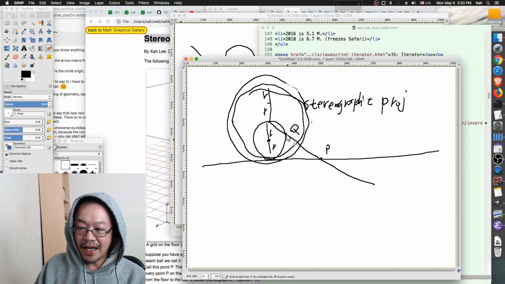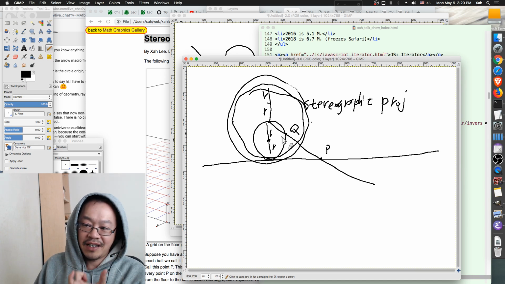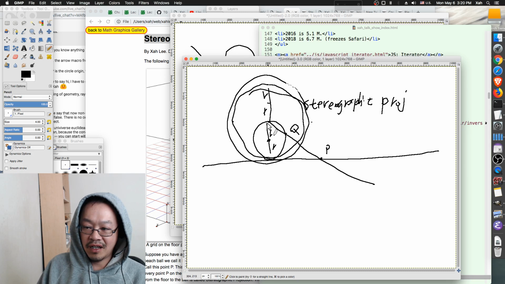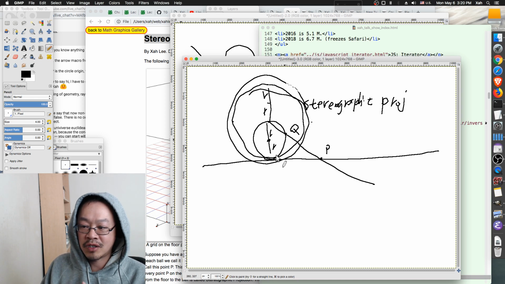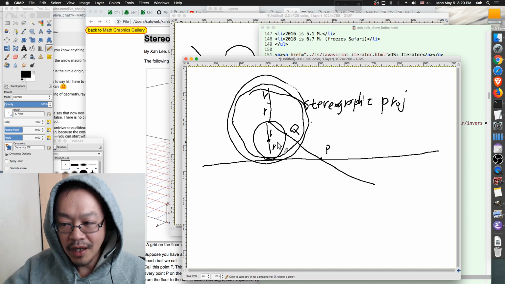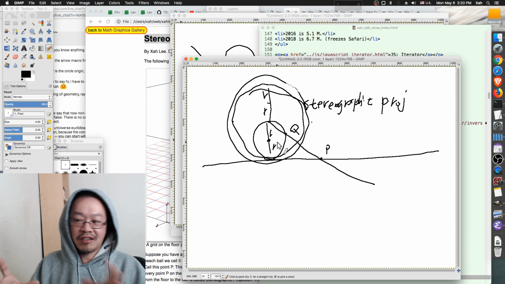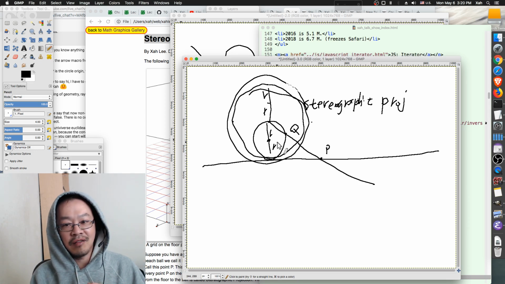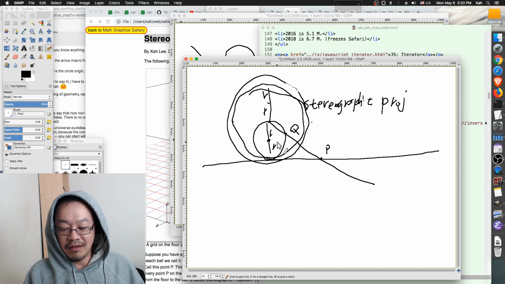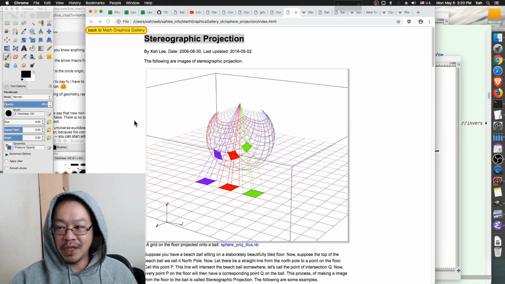You will see that the resulting point is this Q, exactly the same as the process of stereographic projection with this small sphere. That's how they relate. They are the same thing. You might want to think about that, or go read Wikipedia.